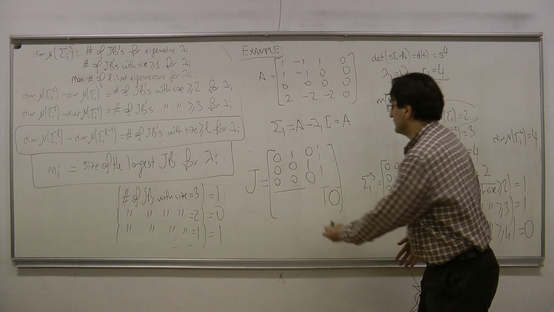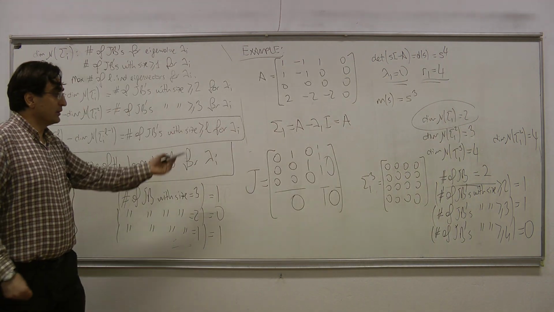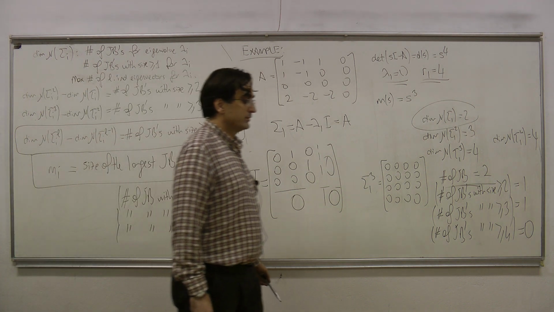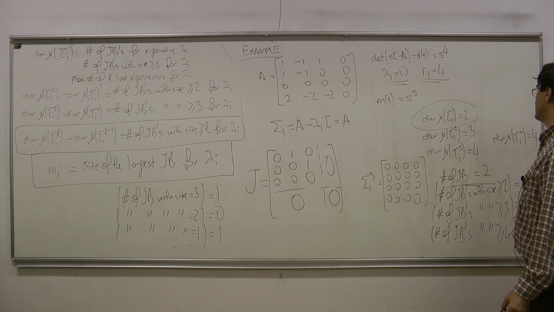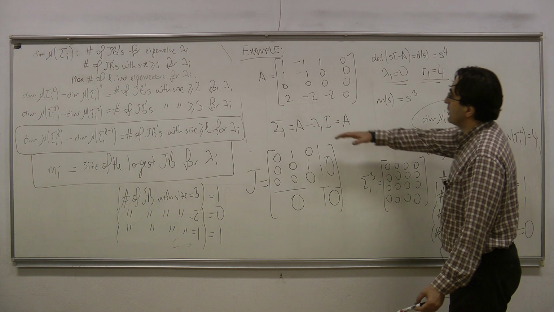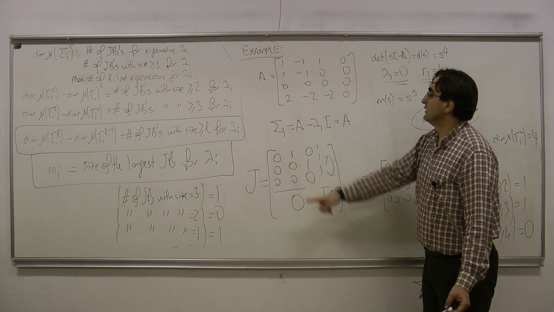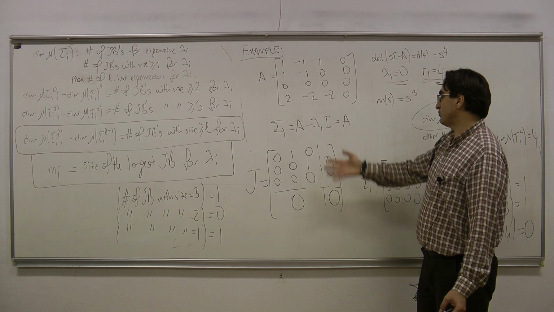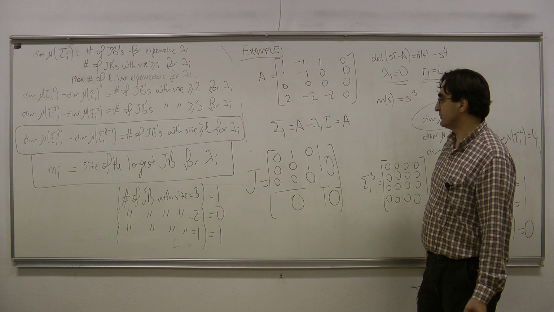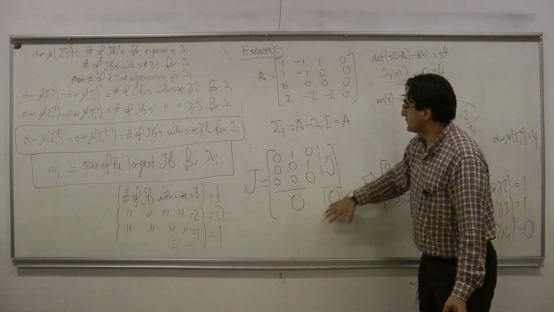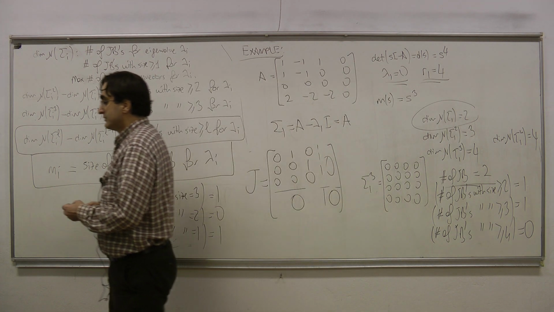So this is the Jordan canonical form of this matrix. How did we get it? We calculated the null space dimensions of A minus lambda I, and because they should be equal to those of J minus lambda I, we extracted the corresponding Jordan block sizes and their number.